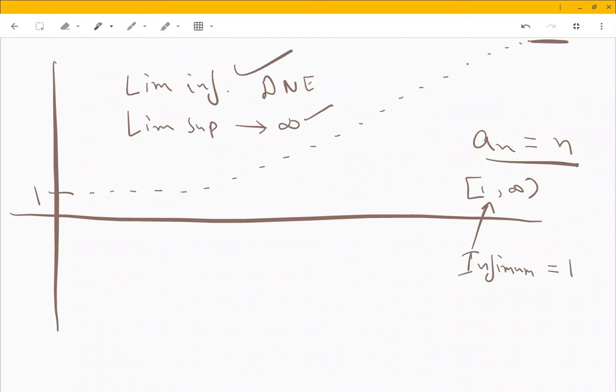There is no limit point. Infimum is of the range of the sequence. So you have to identify what we're talking about, if it is limit inferior or if it is infimum, right? So don't get confused in this. And in this case, supremum does not exist. There's no upper bound on this set. So supremum won't exist, right?